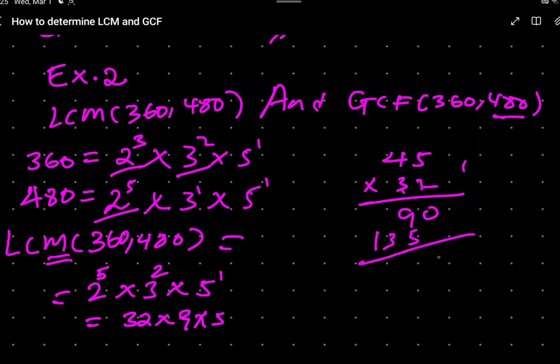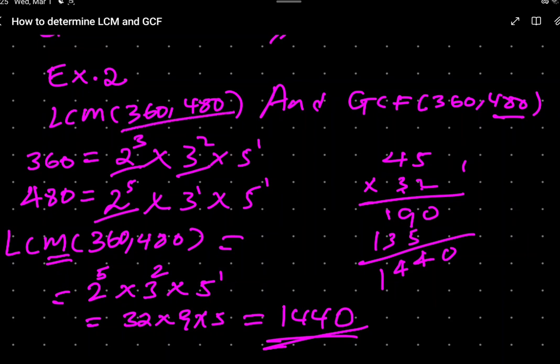You keep it here, then 0, then 4, 4 again. This is equal to 1440, the LCM, the least common multiple of 360 and 480.